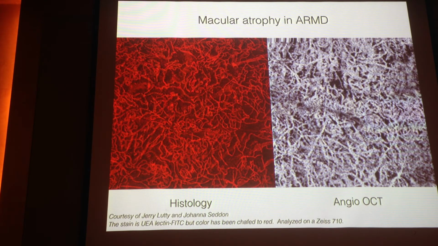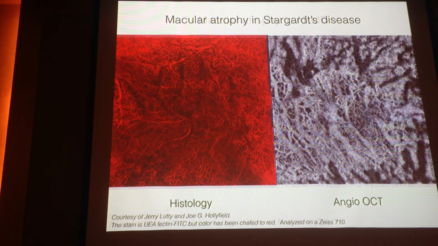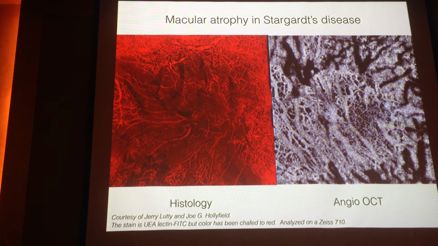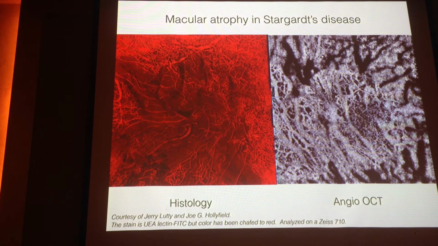Now, what about Stargardt? Thanks to Joel and Jerry, we actually have a patient with Stargardt, and you see that there is no choriocapillaris, like we saw in the angiocities or in the late phase of ICG.